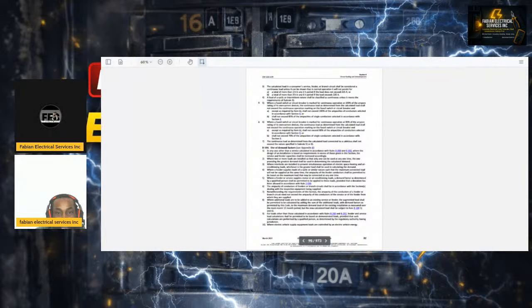A load of a cyclic or intermittent nature shall be classified as continuous unless it meets the requirements of Sub-Rule 3.